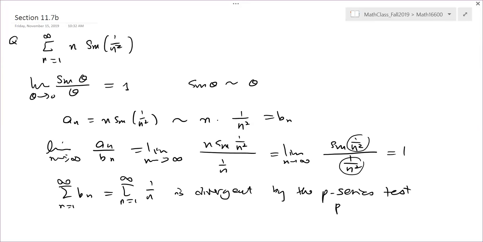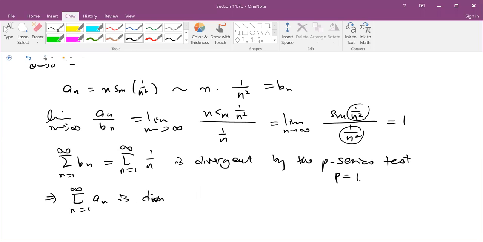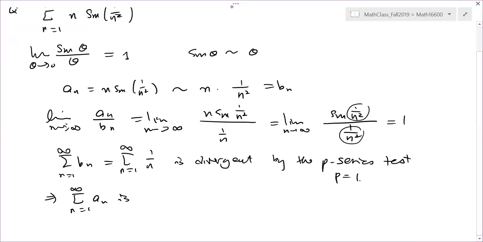P equals 1. Because if you look at the P series test, it says that if P is less than or equal to 1, the series is divergent. Then this series is divergent by the limit comparison test. So this will be the complete solution.